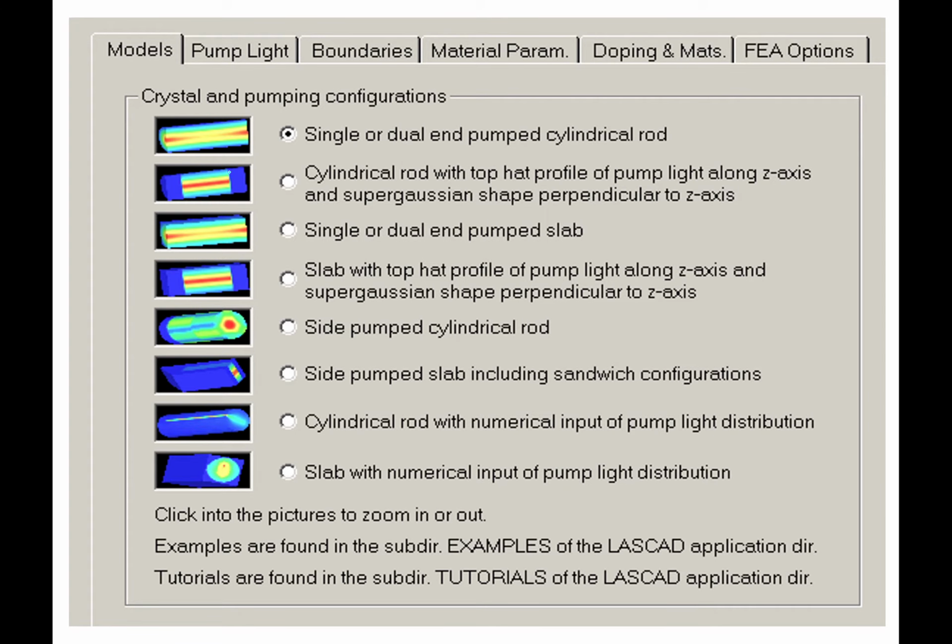So here is the main menu. If you download and install it and open it up, you can have this menu, and then crystals and pumping configurations are shown, single or dual end pumped, cylindrical rod, etc. Basically, it is end pumping or side pumping, or it could be a rod or slab.